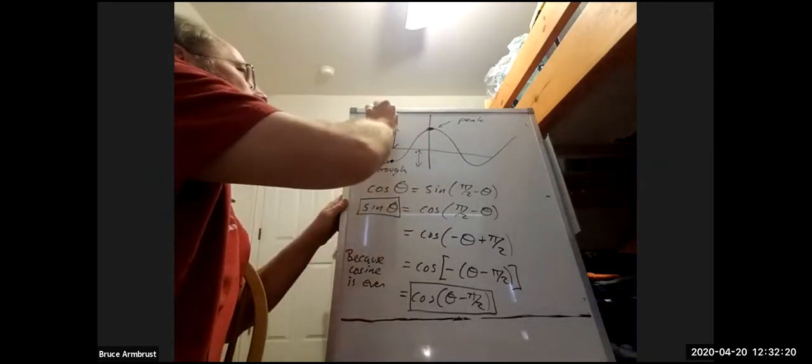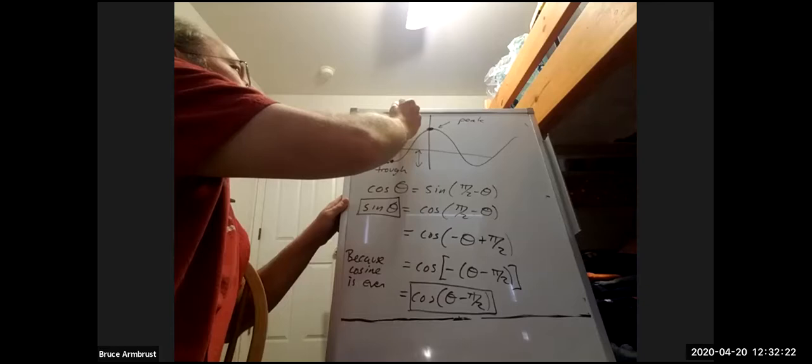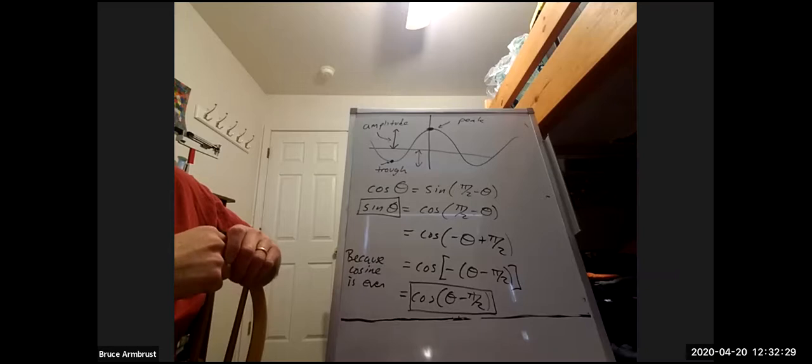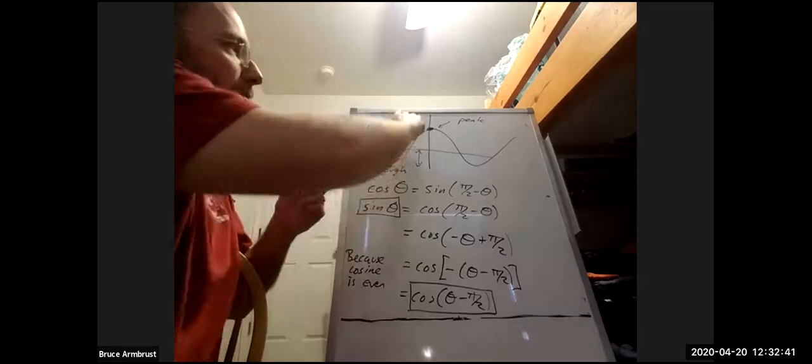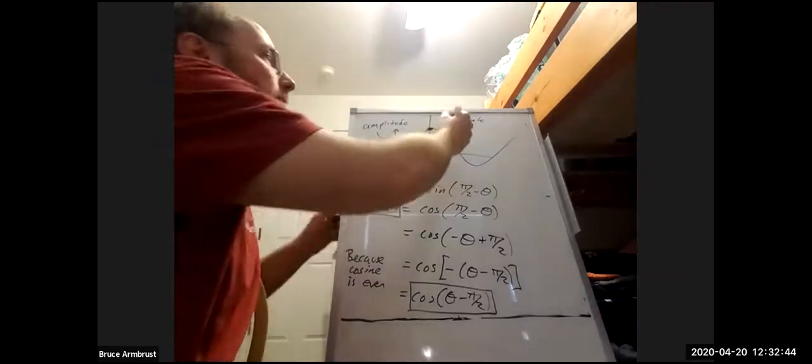This we call the amplitude. So the amplitude of the sine wave or cosine wave is just how far we go up or down from the midline. So then on the graph, you can see amplitude is a stretch up and down.